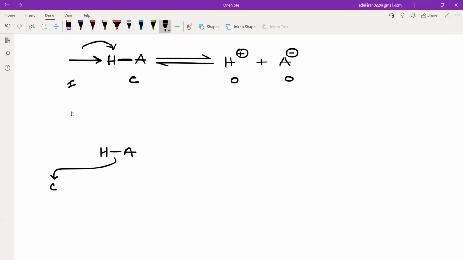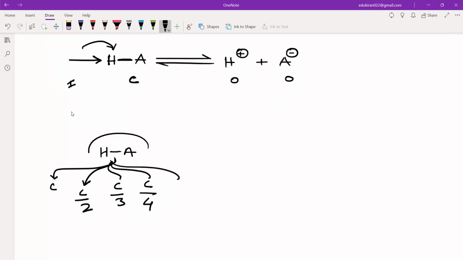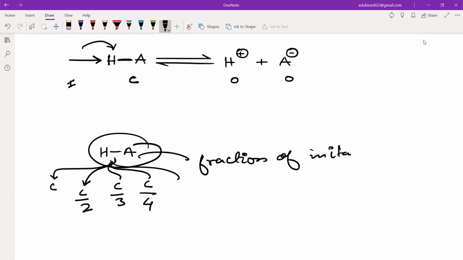Or half of the acid will get dissociated, or 1/3 of the acid will get dissociated, or 1/4 will get dissociated, or whatever amount gets dissociated, I can write the change as a fraction of the initial concentration. Yes or no, guys? Yes, sir.